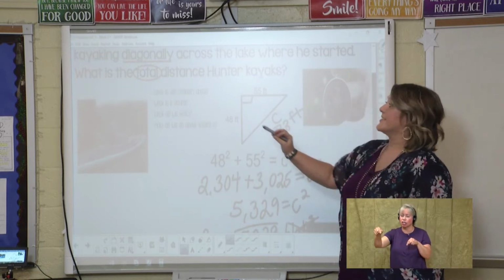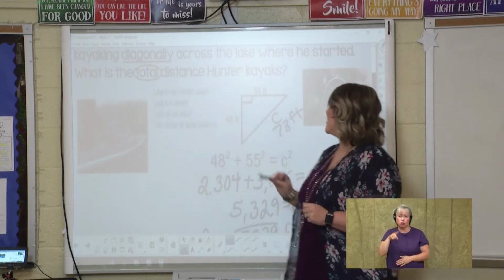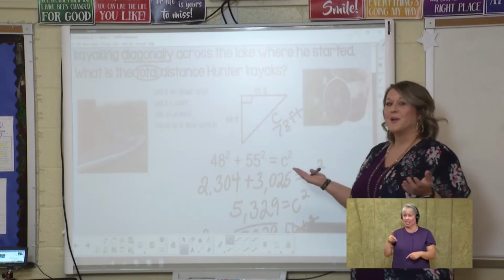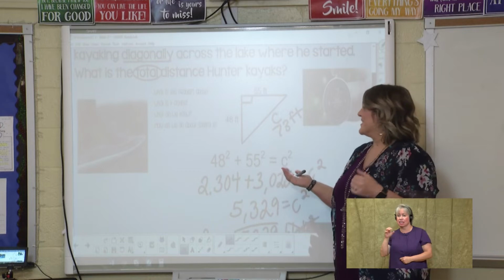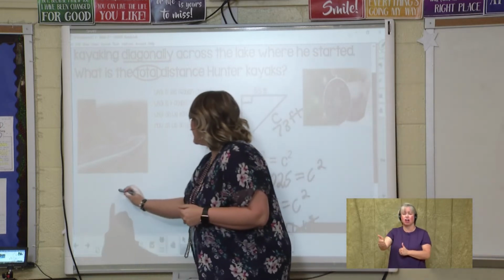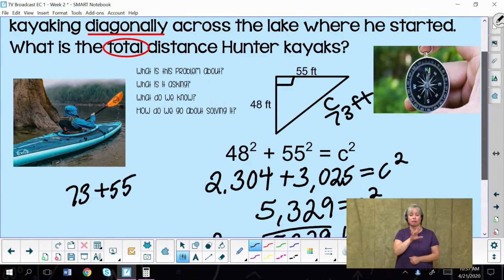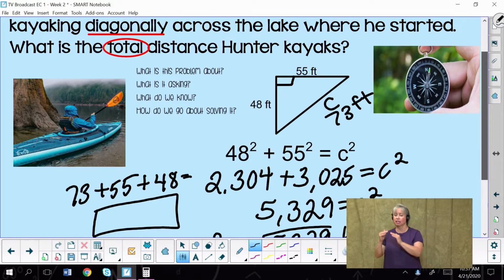Our problem asks us to find the total. So what is associated with total? That's right, addition. So now we need to add 73 plus 55 plus 48 so that we can get his total amount of distance that he kayaked that day at Big Creek Lake.